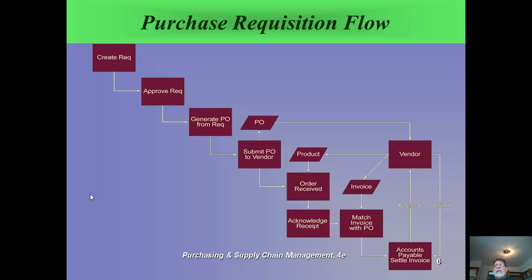Now, the previous slide that we saw was the different processes. Here we're looking at the actual paper flow. In a department someplace, there's a requisition. The requisition is approved that, yes, we want to buy that and buy something. And then the next step down is generate the purchase order from requirements. And of course, from requisition, we submit the purchase order to a vendor.